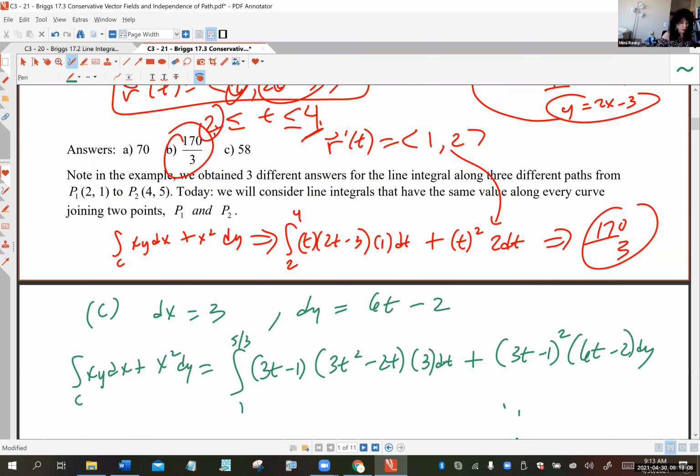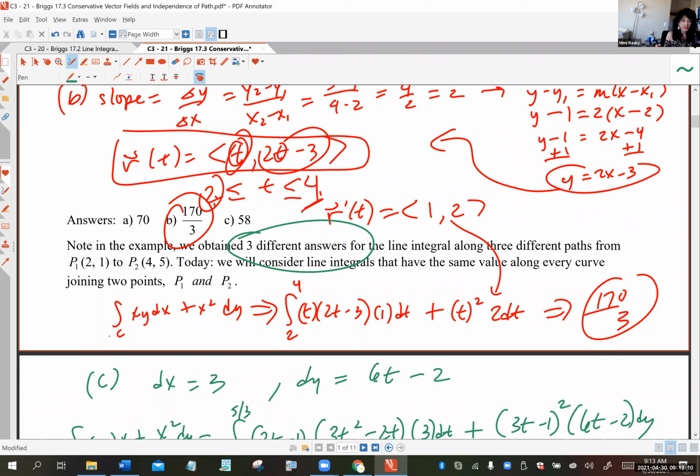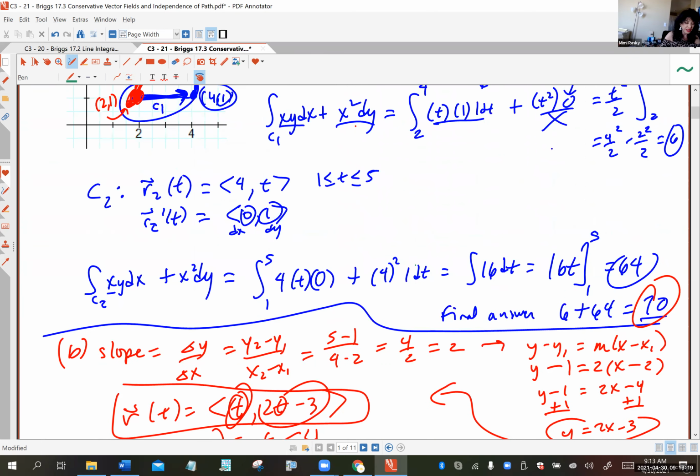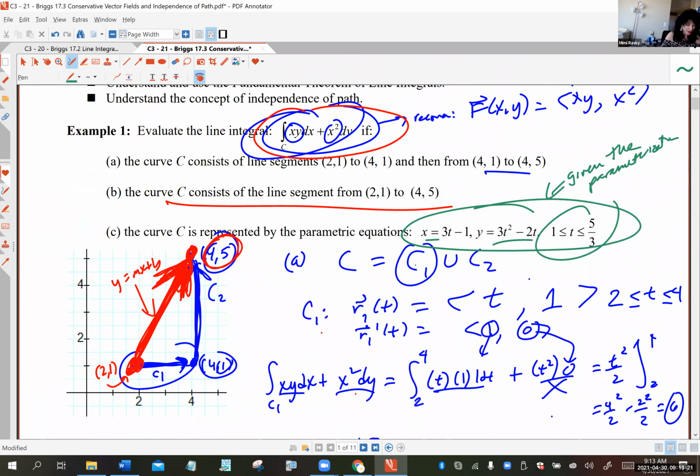Okay, so what's the point? We got 3 different answers for this line integral along 3 different paths. What did the paths share in common, though? They did have a common denominator. So I want you to notice, even though all answers were different, all 3 of these curves had the same starting and stopping point.